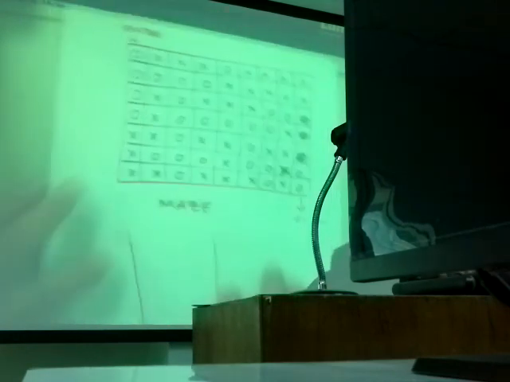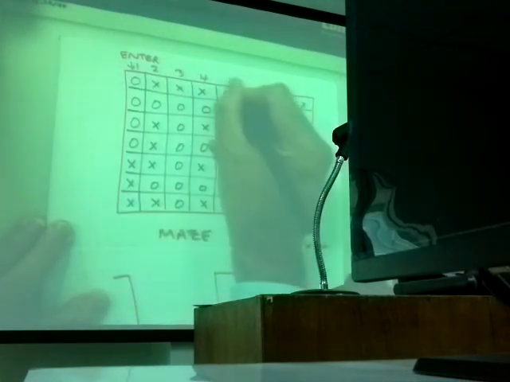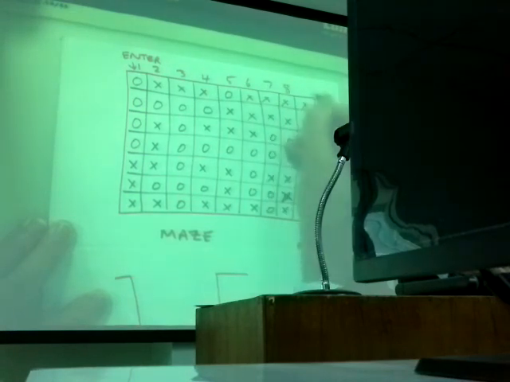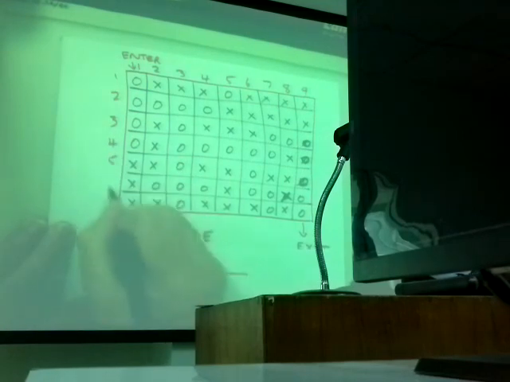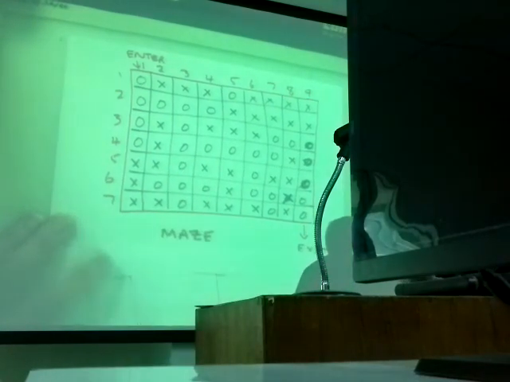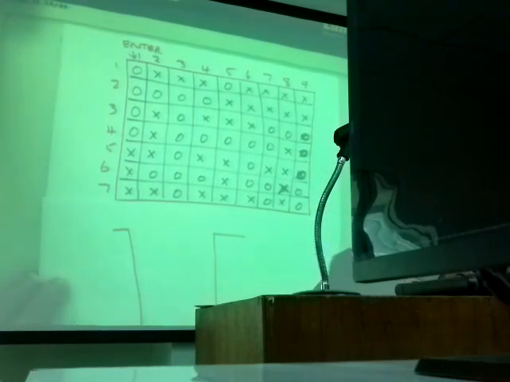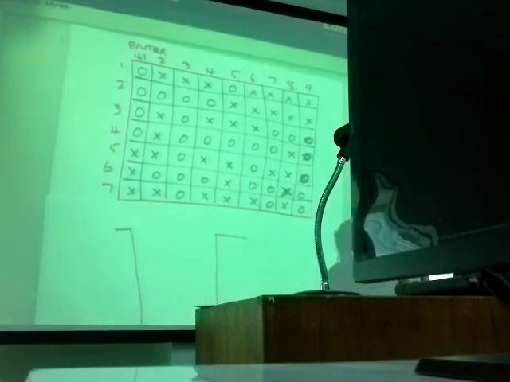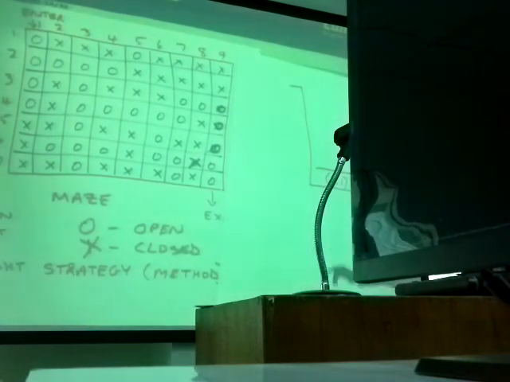So, we use a stack, and let's say we have coordinates here. All right, so we enter this maze at position 1, 1.